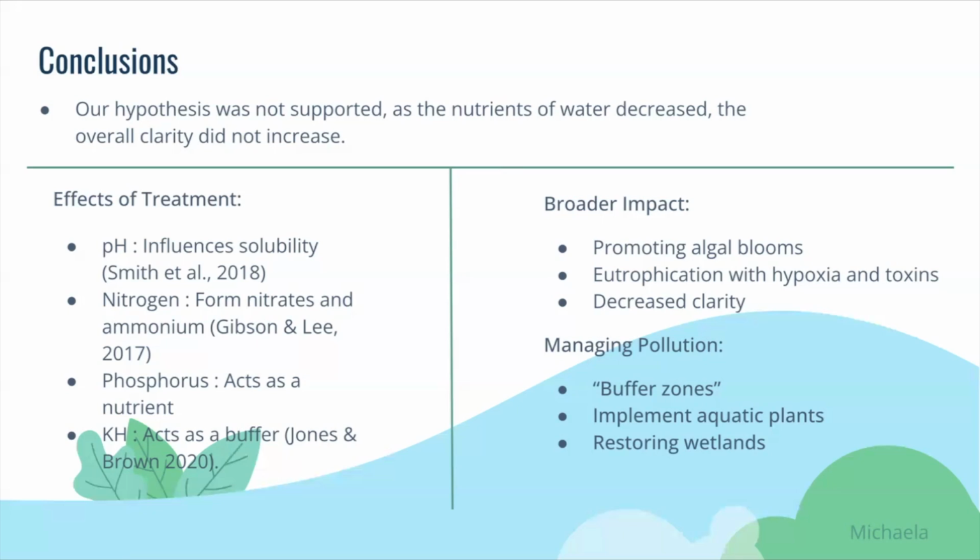The bacteria really use up that oxygen that a lot of aquatic organisms need to live, and this creates hypoxic environments for these organisms, and it really stresses them and can make the water toxic for them to live in. And populations may start to die off. With this, algae clarity decreases and water will not be as see-through.